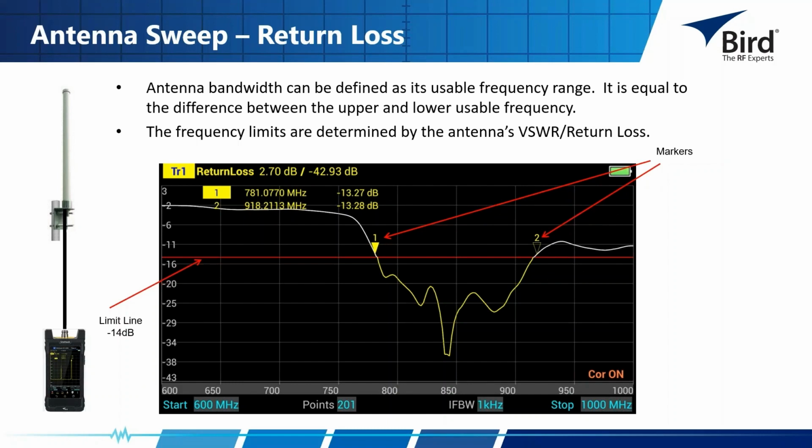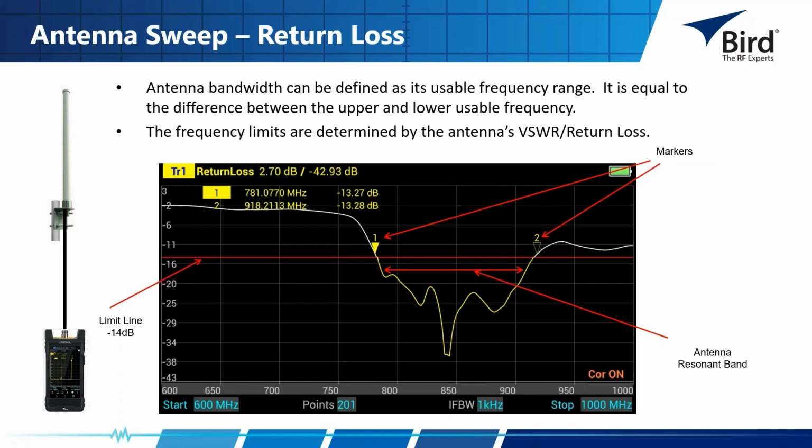I throw on a couple of markers that will help me determine where my low end frequency is and my high end frequency is of this band. And then my resonant band is right in the middle of these two markers. And if you look up towards the left portion of the screen, you see the yellow rectangle number 1, and right next to it, it says 781.0770 megahertz.